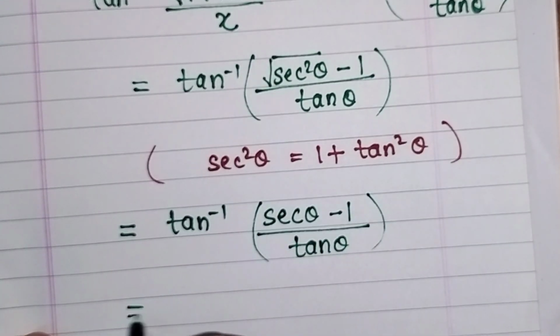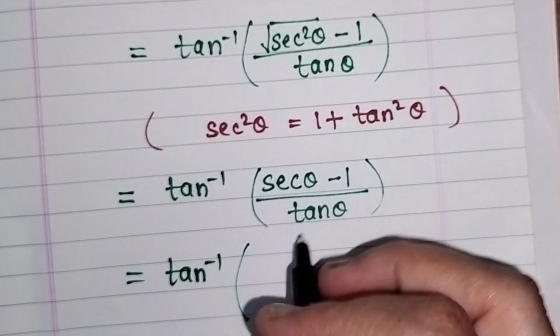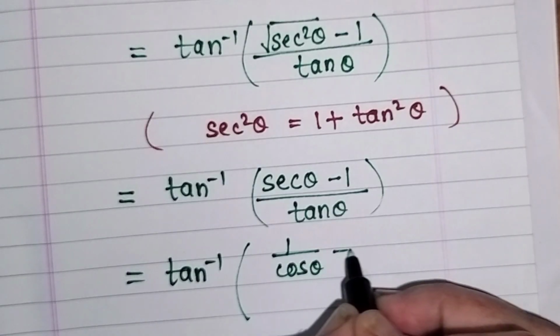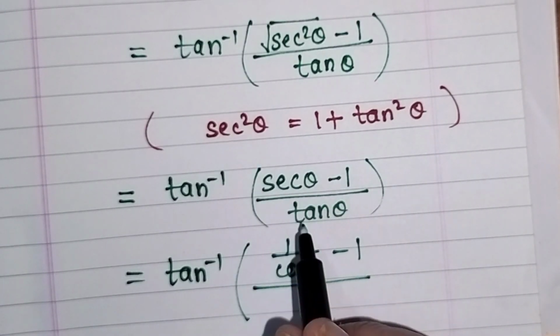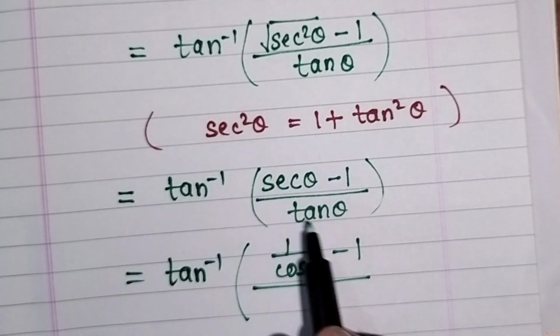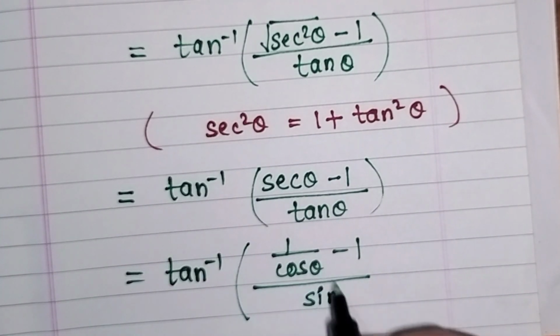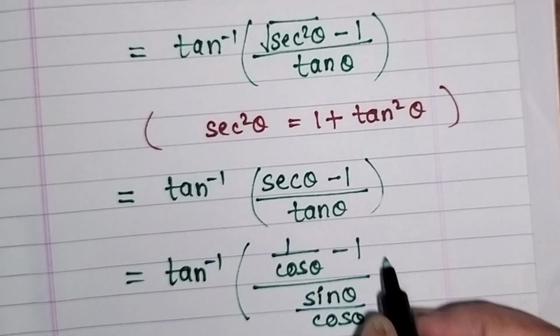Okay, now you have to just convert the sec and tan into sine and cos. So it is 1 upon cos theta minus 1. Whenever you get sec theta, tan theta, cosec theta or cot theta, and if you are not able to find any formula for this, you have to just convert the terms into sine and cos. That's the simplest way we can do. So it is sine theta upon cos theta.